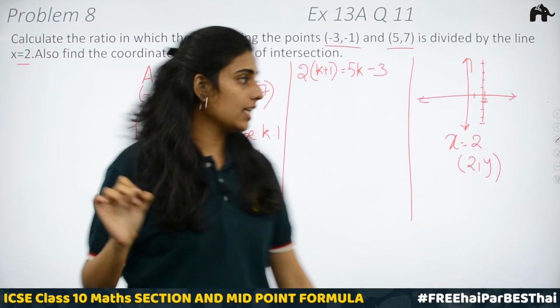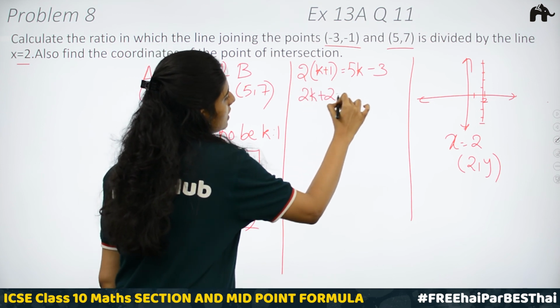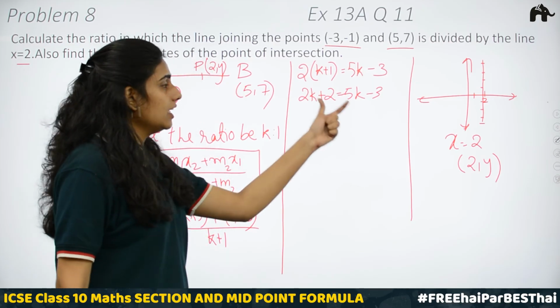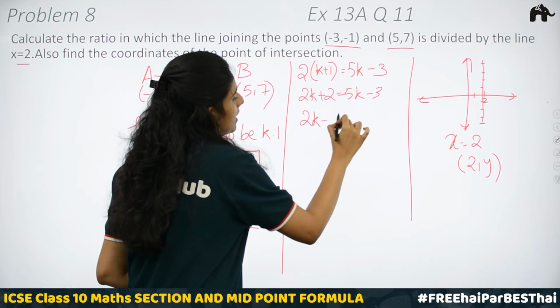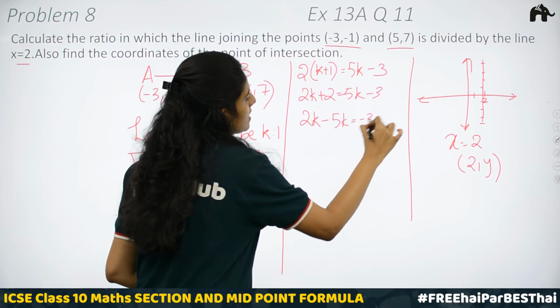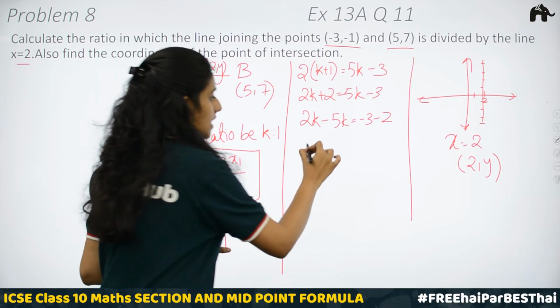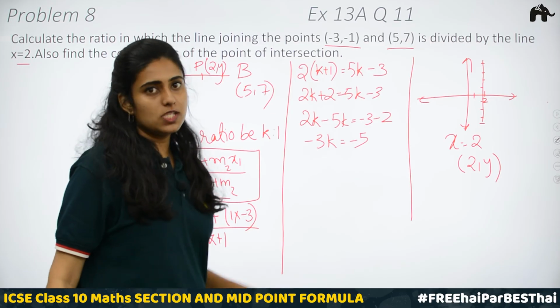Next, removing brackets and multiplying, we get 2k plus 2 is equal to 5k minus 3. Taking all the k containing terms to one side and the constants to the opposite side, 2k minus 5k is equal to minus 3 minus 2. 2k minus 5k is minus 3k is equal to minus 5. Minus 3 minus 2 is minus 5.